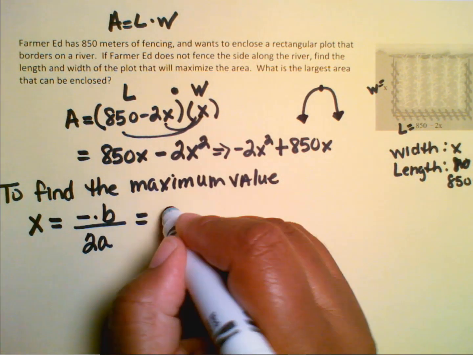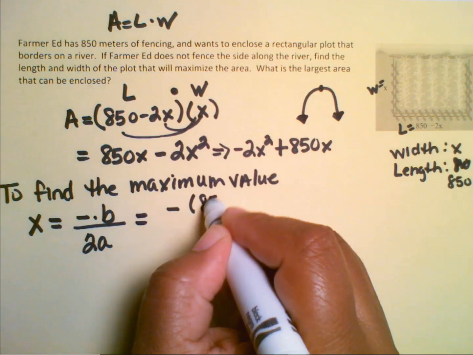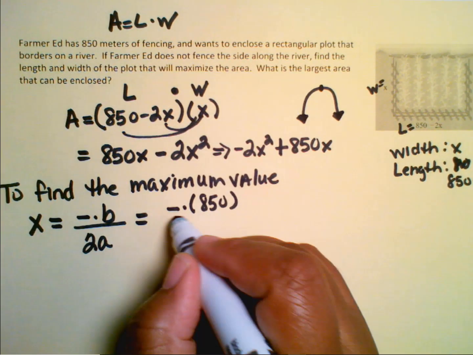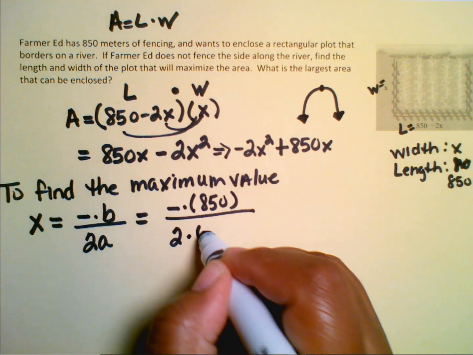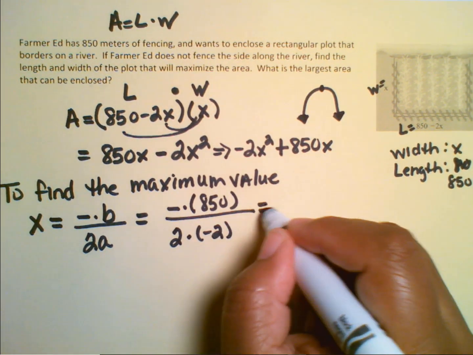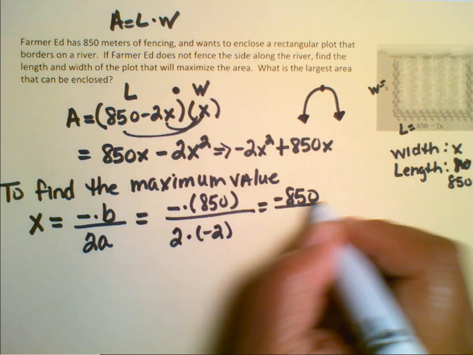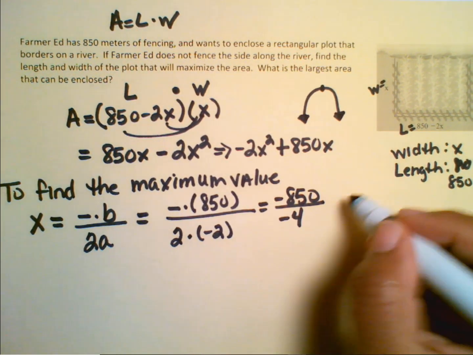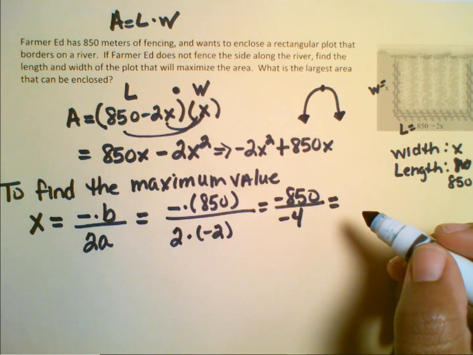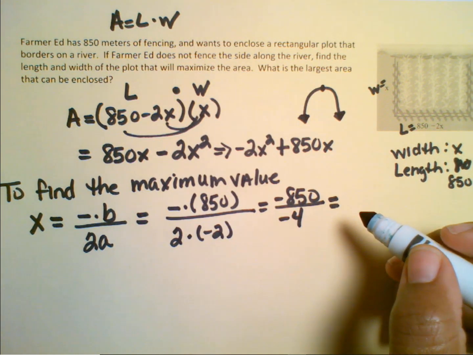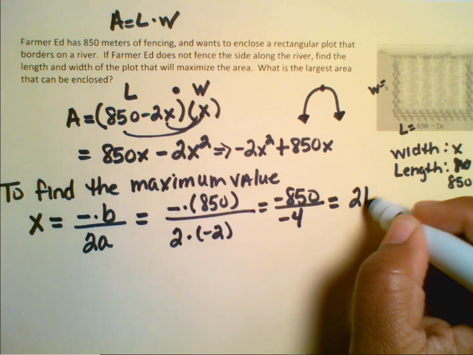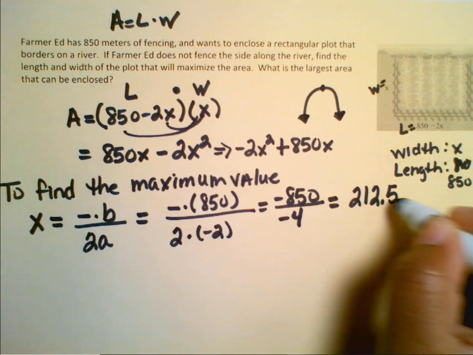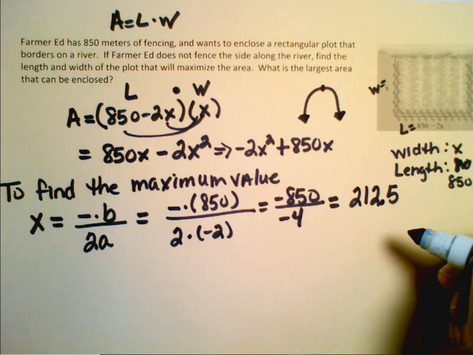So we have negative 850 over 2 times negative 2, which is negative 850 over negative 4. That gives us 212.5, and this is measured in meters.